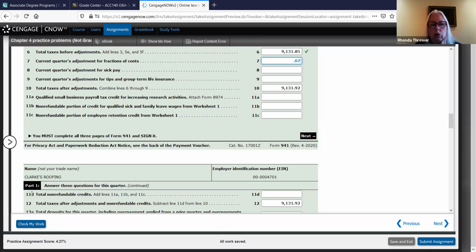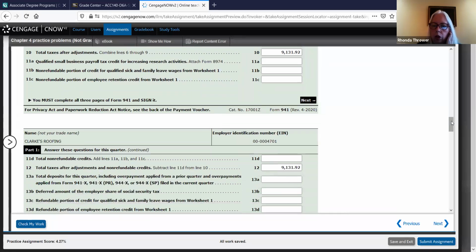Then what you're going to do is move to 11D, and you're going to add lines 11A, which there was nothing on, 11B and 11C together. There's nothing there. That's why this is blank. The total taxes after the adjustments and non-refundable credits, you're going to subtract 11D from line 10. So since 11D was 0, line 10 was this amount, that is the amount that we would enter for line 12.